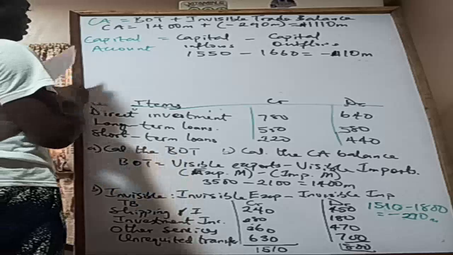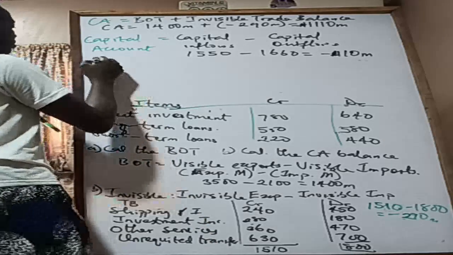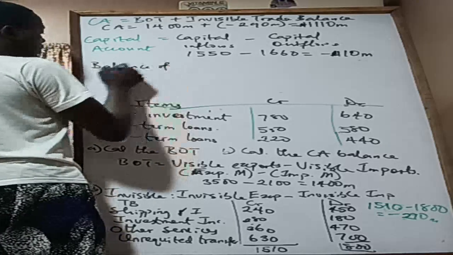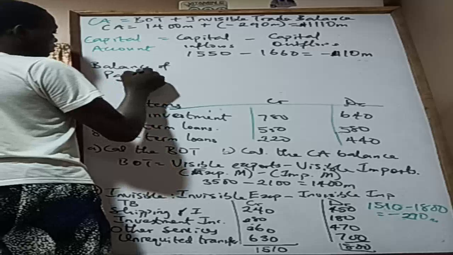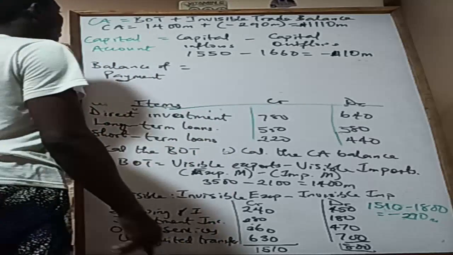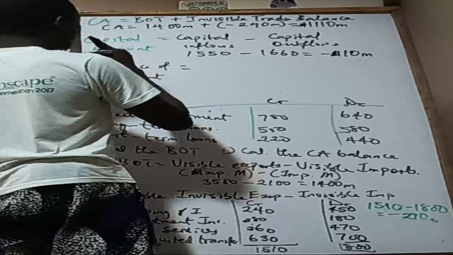Now the last thing is the balance of payments accounts in total. Since I've erased the other part of this, the next that we have here is the current account.